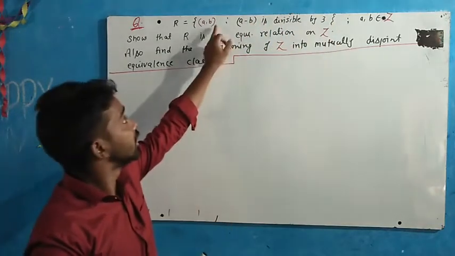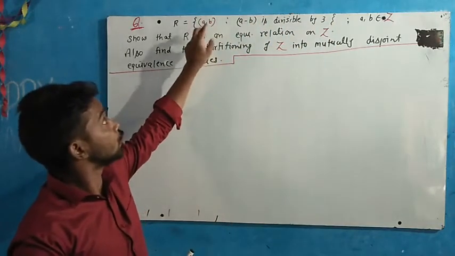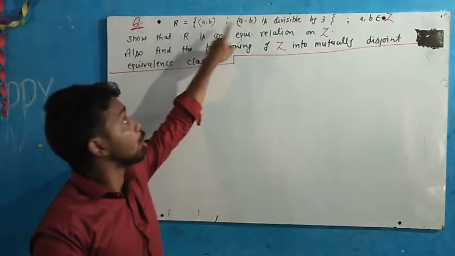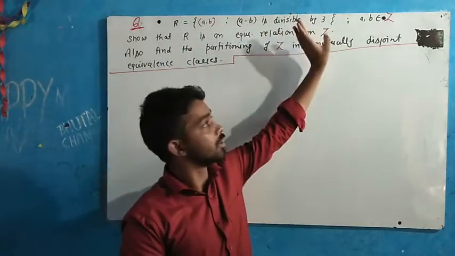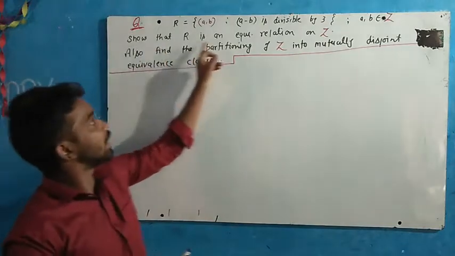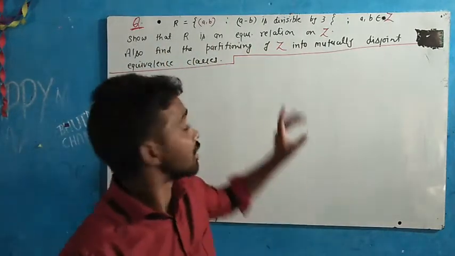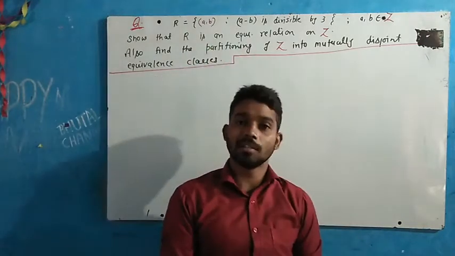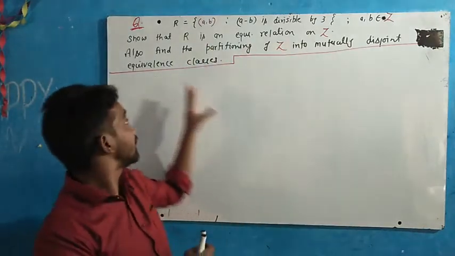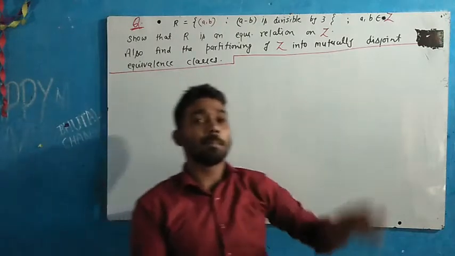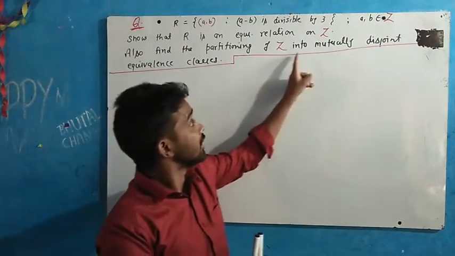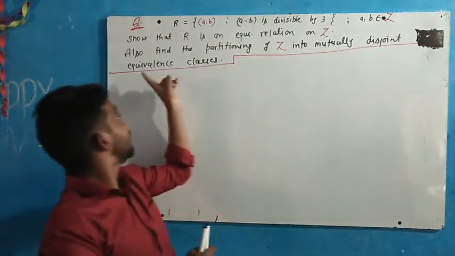It means those kinds of ordered pairs lie in R whose difference is divisible by 3, so that R is an equivalence relation on Z. So the first thing we have to prove is that R is an equivalence relation. And the second part of the question is to find the partitioning of Z into mutually disjoint equivalence classes.